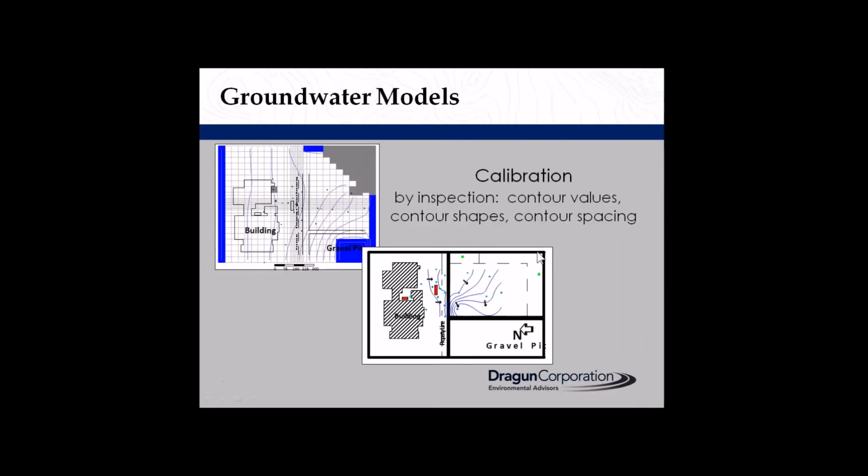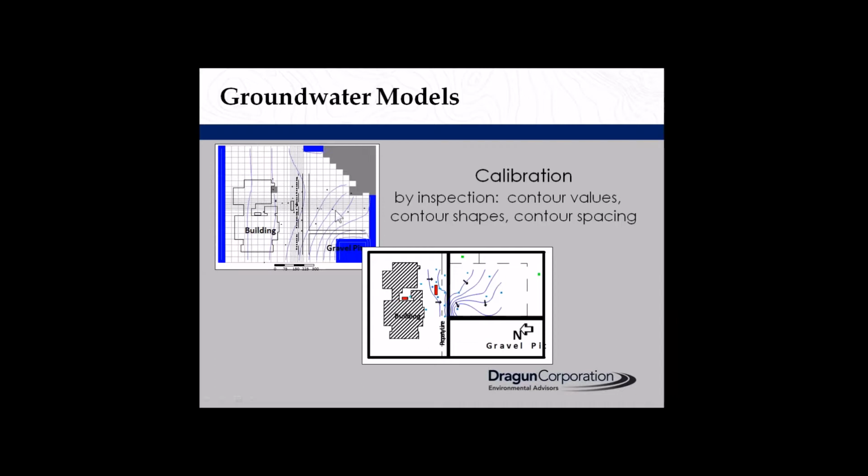So the model, as you run the actual model itself, gives a water level elevation for each of these cells. And we can use those elevations to create the equipotential contours similar to what we did with our field data. And so the first step in checking to see if your model is appropriate is to do a calibration by inspection.